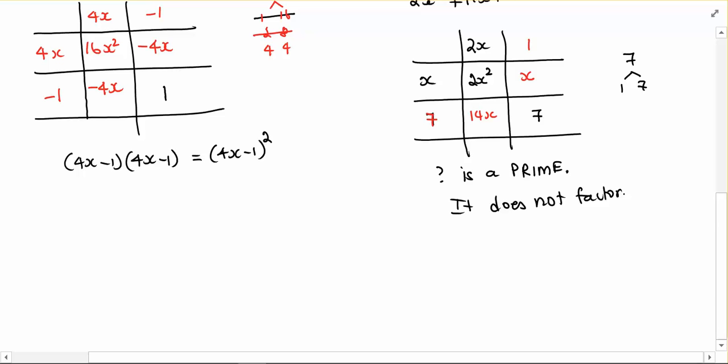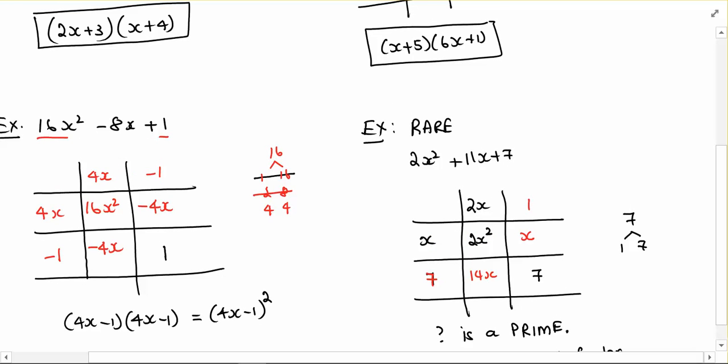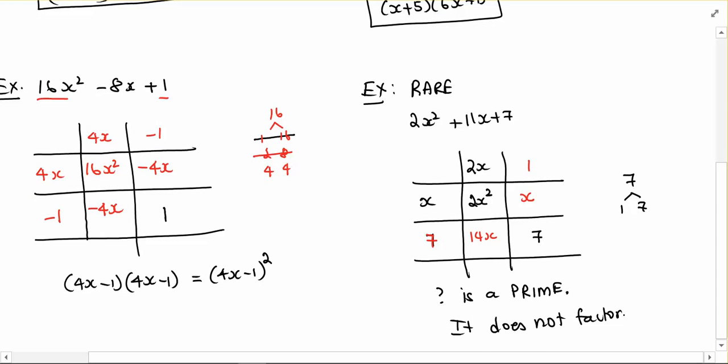It does not factor because they are prime numbers, right? So this is a prime. This is rare in this class. Again, let me tell you this because our goal is to see if you know how to factor, so there is not much point in giving you something that's prime. So keep that in mind when you are doing problems of factoring. So in the next video we'll take a look at the second technique for factoring called the AC method.